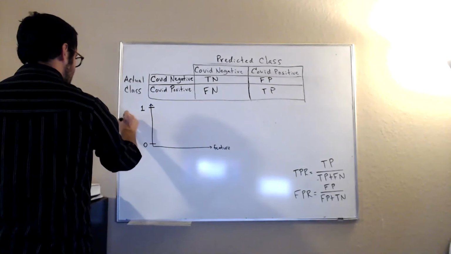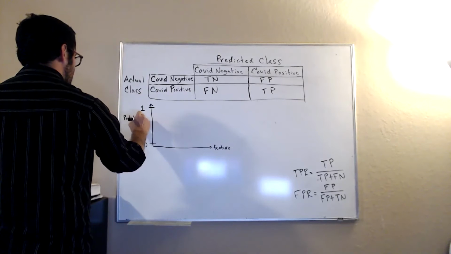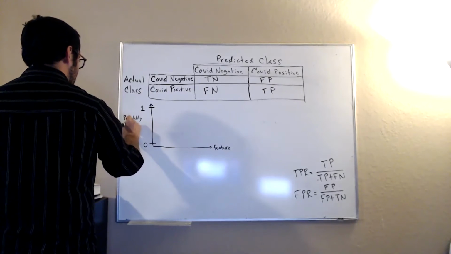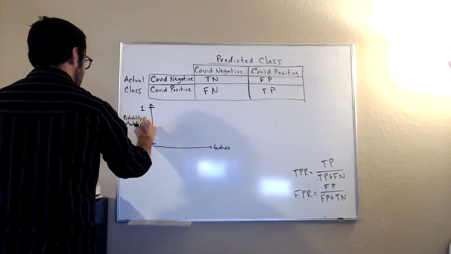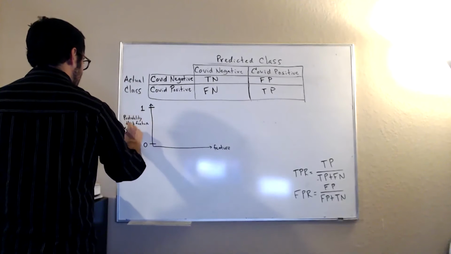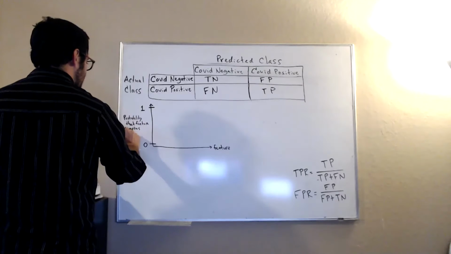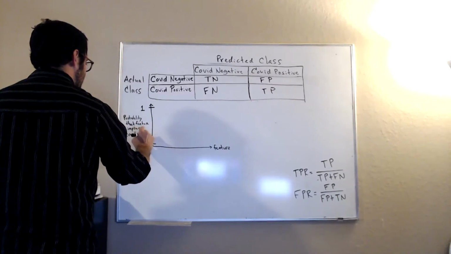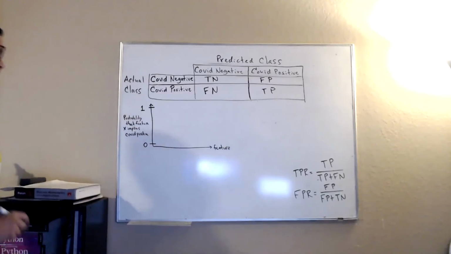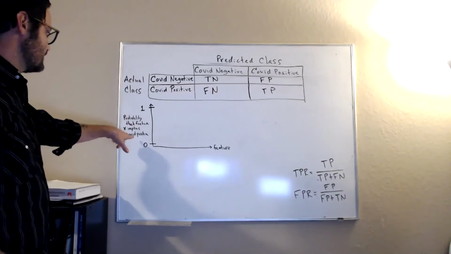So this is the probability that feature X implies COVID positive.